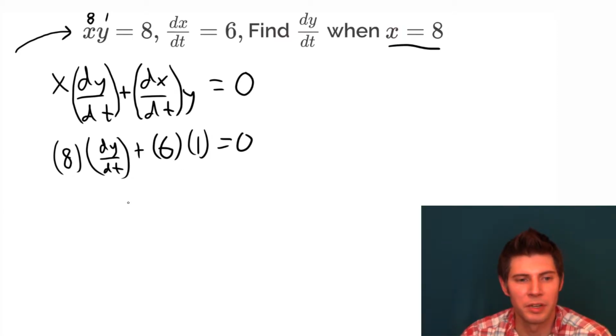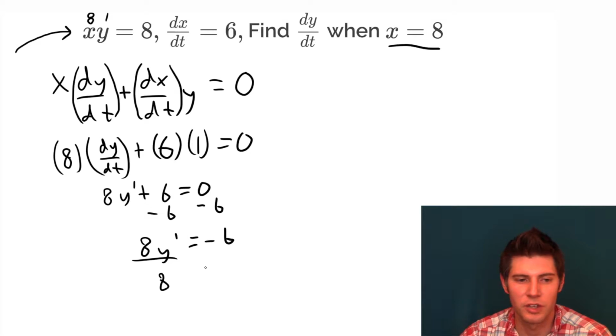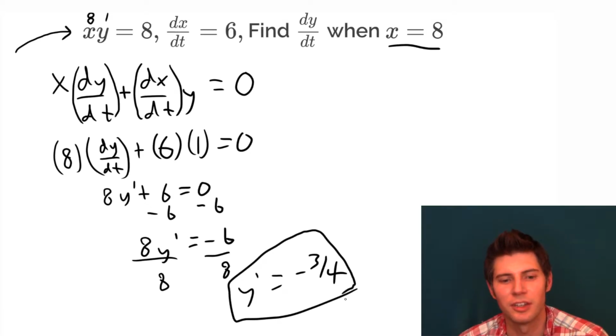To speed things up, I'll make this y prime. So we have 8y prime plus, and 6 times 1 is 6 equals 0. Subtract 6 from both sides. We get 8y prime equals negative 6. Divide both sides by 8. And we get y prime equals negative 3/4, or dy dt. And that's it.